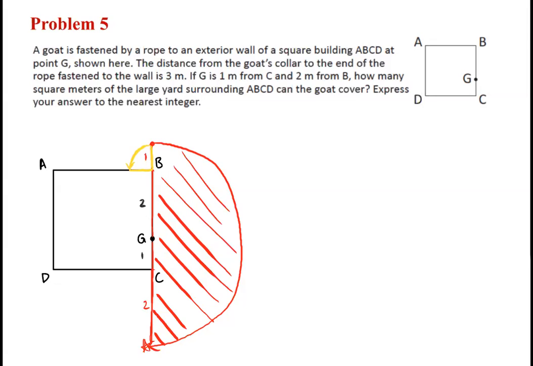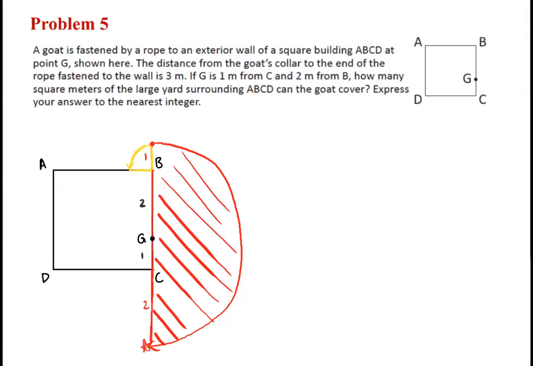And the reason why the quarter circle forms is because the remaining 1 meter of the rope that extends away from the building can be moved. So yeah.